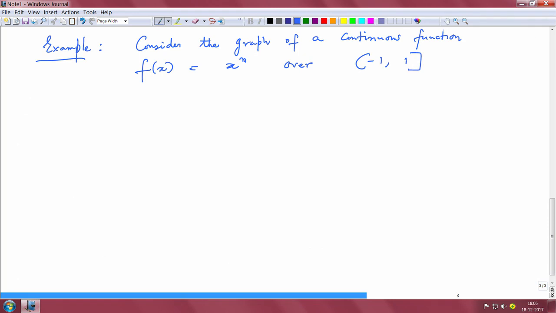This is semi open, I mean this is open on the negative side and it is closed on the positive side. 1 is included and -1 is not included.